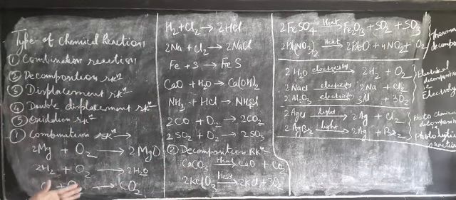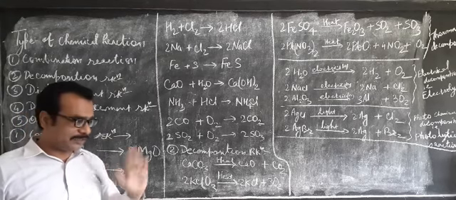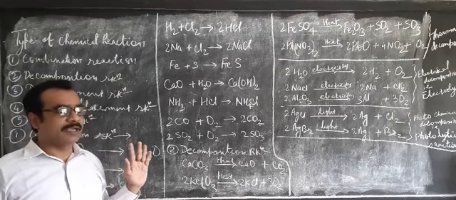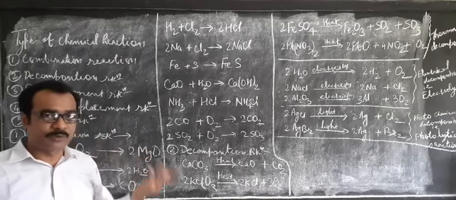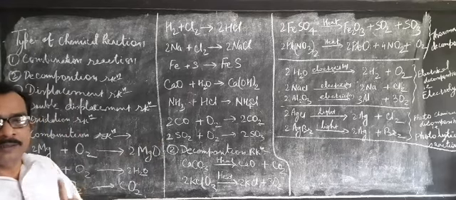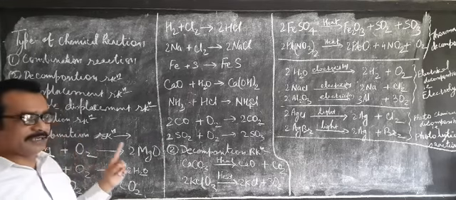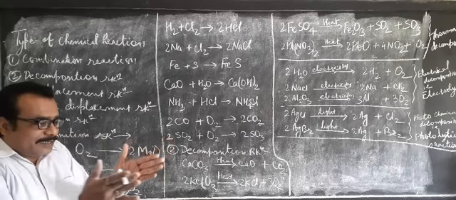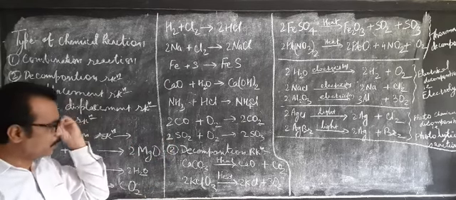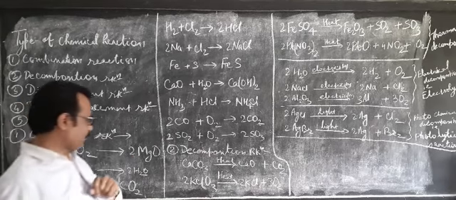In a combination reaction, it is certain that it has got only one product. Reactants may vary, it may have two or more reactants, but they combine to give you only one product. That is why it is called a combination reaction, because the ingredients get combined together to give you only one product.